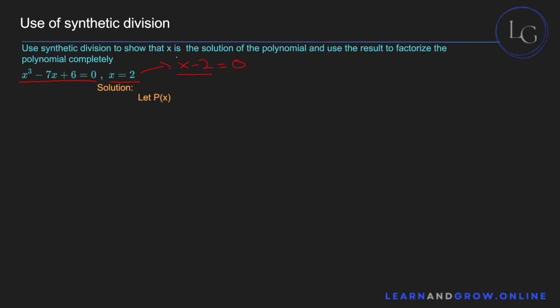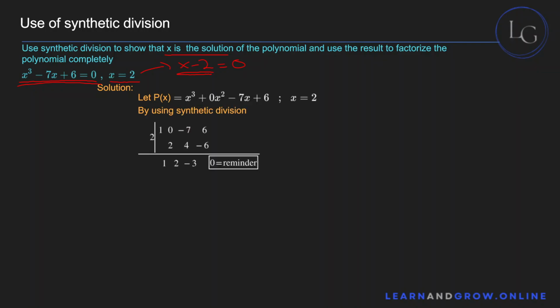We need to confirm if this x is equal to 2 is a solution of this polynomial, and we'll use the result of the synthetic division that we're performing to find out the quadratic factor that will be multiplied with this linear factor. So how we'll do this? You see, we have this value of x given. So you'll write that down over here.